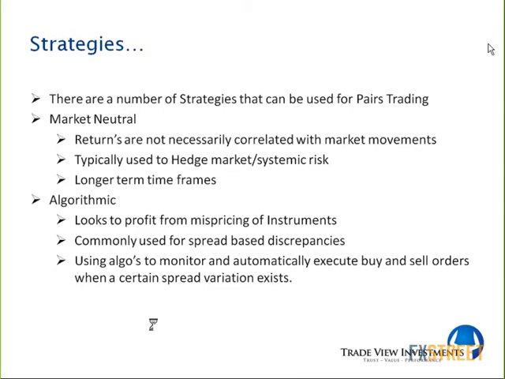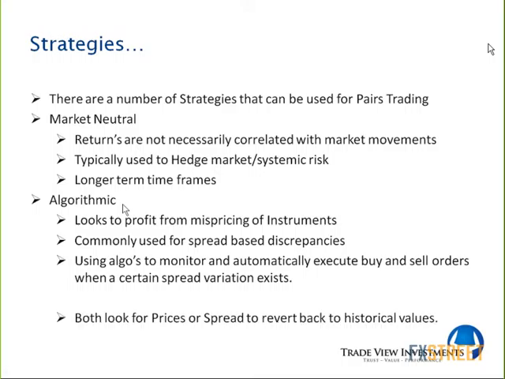With this scenario, using algos to monitor and automatically execute buy or sell orders when a certain spread variation exists, that's really hard to do on a smaller time frame, especially when the variations will come, and then they'll start to close up fairly quickly. So if you're not in front of the computer, it's going to take a bit of time. You would need to be in front of the computer to actually execute these. But with an algorithmic system, it will do it automatically.